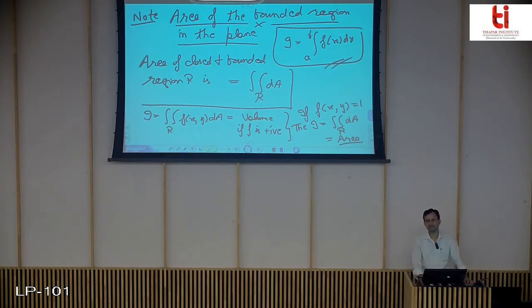So x and y give length and breadth, and z, the height, is 1, so you are left with length into breadth, that is area. That is the simple concept used here. If you put f(x,y) equal to 1, that is the z coordinate, meaning the height is equal to 1, so volume is equal to area: length, breadth into height is just length into breadth. So that is your area. This is how, using the double integral, we find the area of the given bounded region.